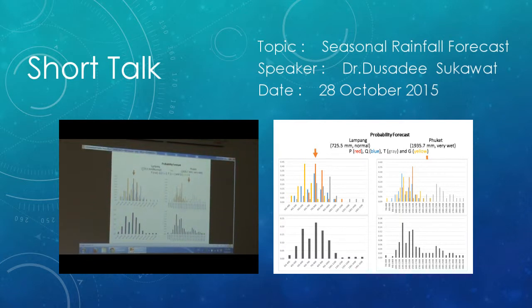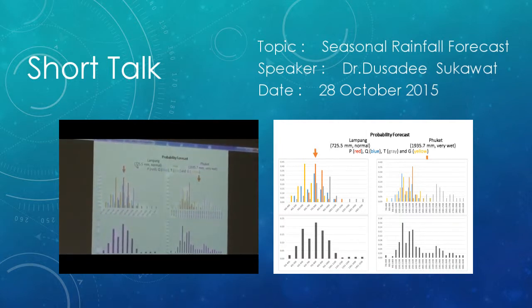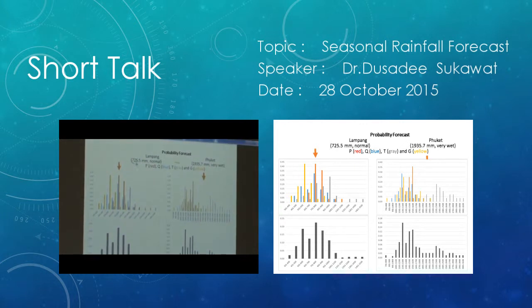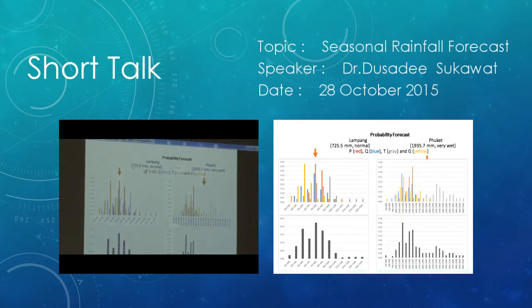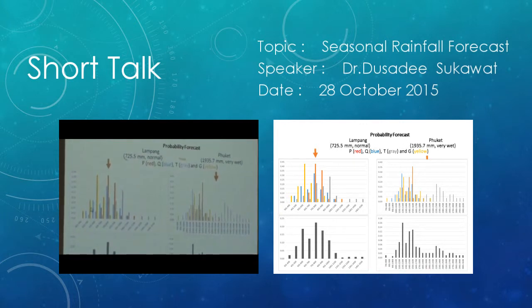This is at Lampang. The summer rainfall for 2010, the observation is 735.5 millimeter. And this is a normal year based on 30-year statistic. So you can see that this is the forecast for different predictors.